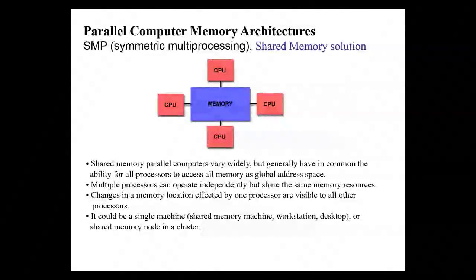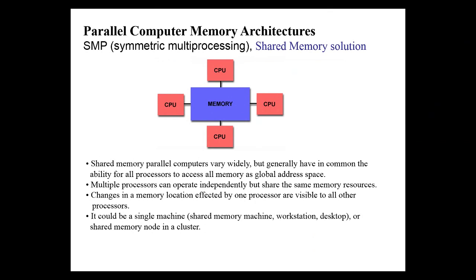First of all, when you're running your parallel code, you would like to know the basic hardware memory architectures. Here, I showed the simplest one. It's a shared memory solution. Shared memory machines vary from one to the other.